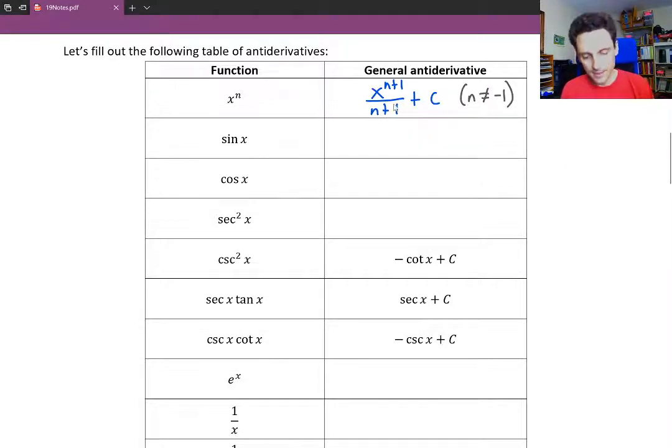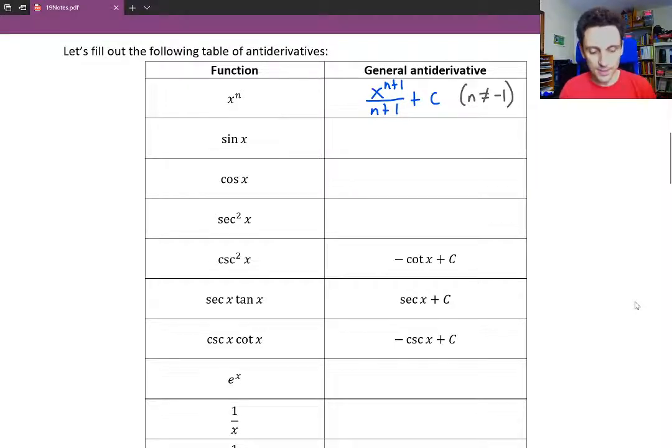The reason that this is the general antiderivative of x to the n is that if you turn back around and use the power rule, the n plus 1 exponent would multiply to the front, cancel off this n plus 1 on the bottom, and then you would subtract 1 from the exponent, so n plus 1 minus 1, and get an exponent of n. So when you turn back around, you end up getting x to the n.